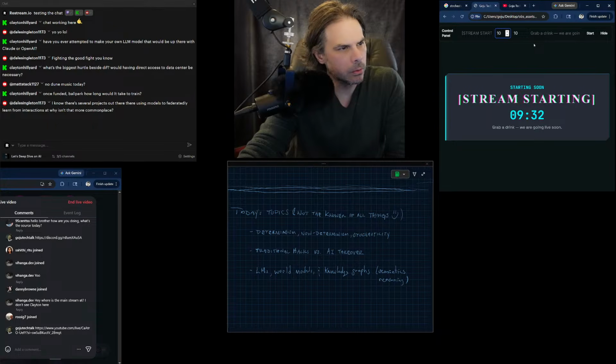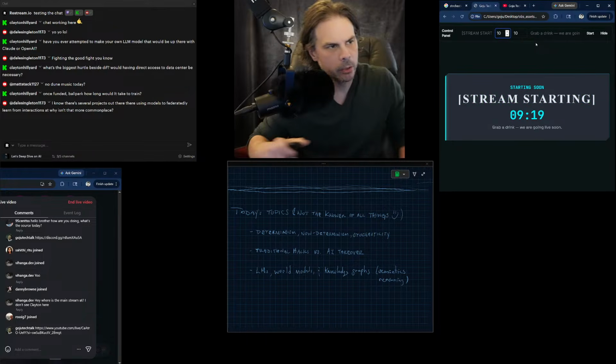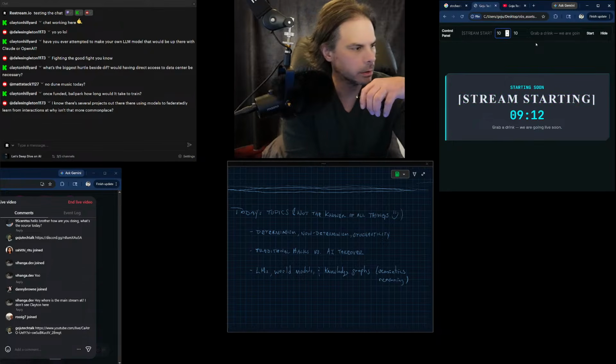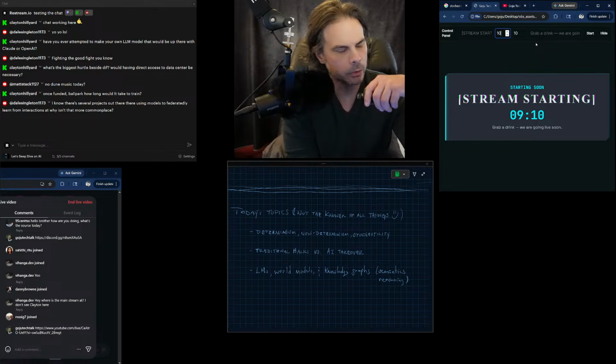So if we're being a little conservative, 2 to 3 months for us to have basically an LLM that could be competitive with OpenAI, Anthropic, Google.